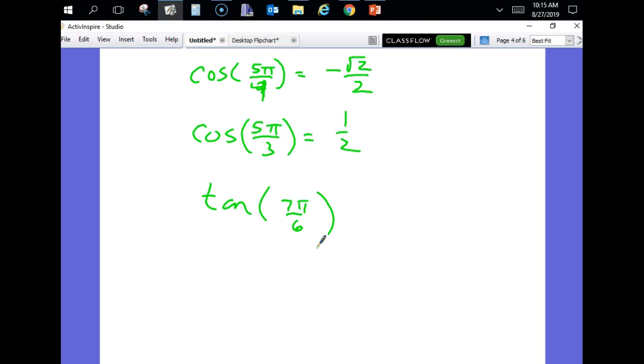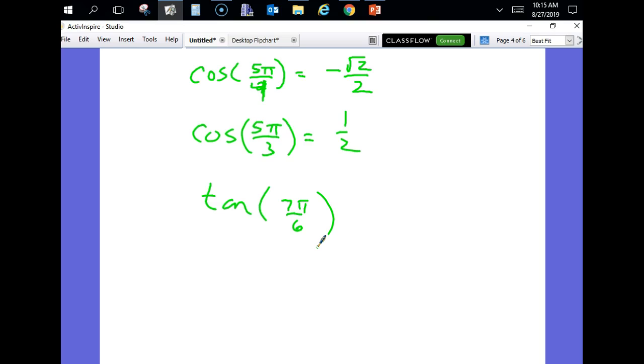All right, Pearl, what is it? So it's tangent, right? So I'm going to use my tangent circle, and we're going to find where 7 pi over 6 is at.